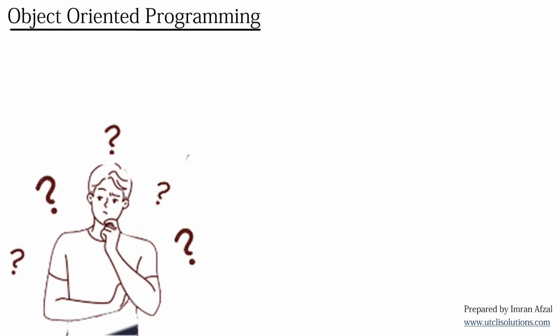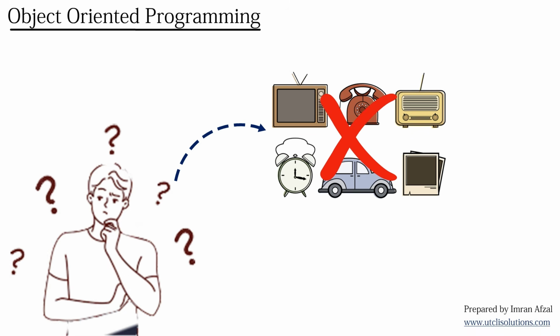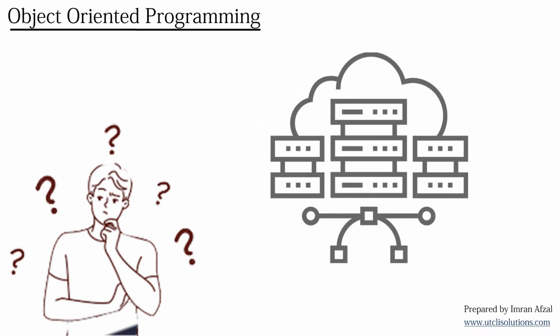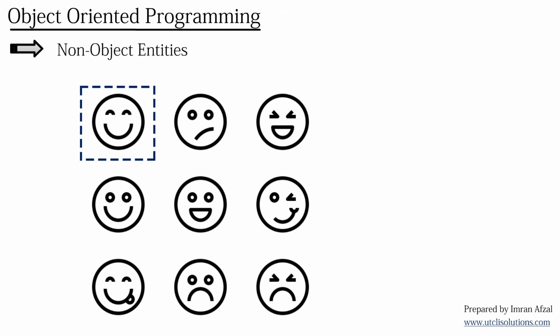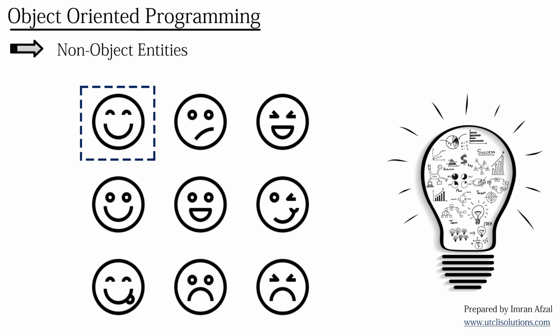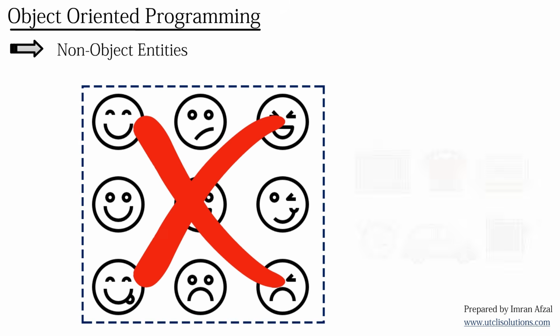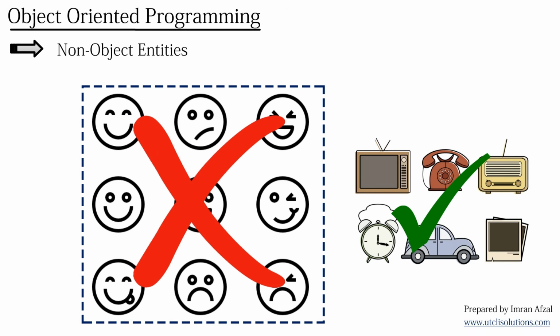If you think about things that are not considered objects, we're talking about entities that don't have a clear shape or form and don't do anything specific. Examples of such non-object entities are emotions like happiness or abstract ideas like freedom. These things are not classified as objects because they don't have a physical structure and don't show actions in the same way as concrete objects do.